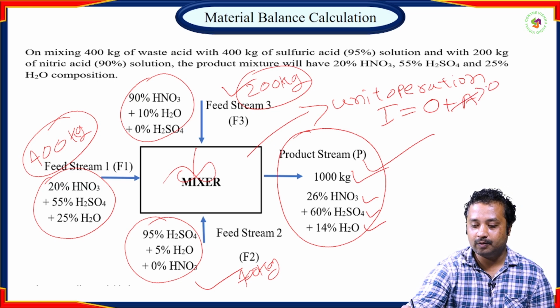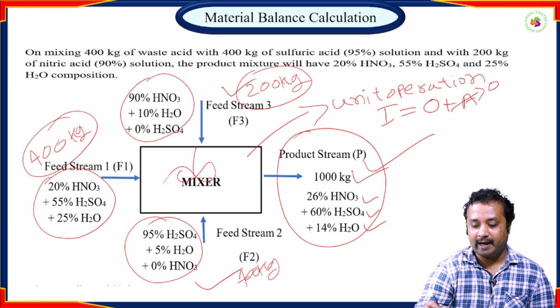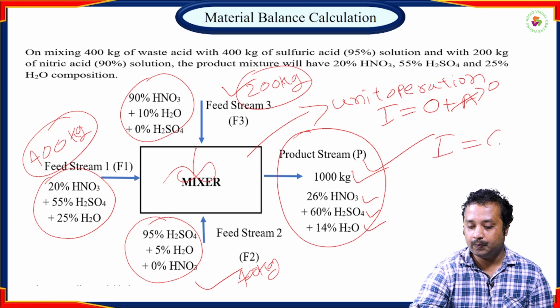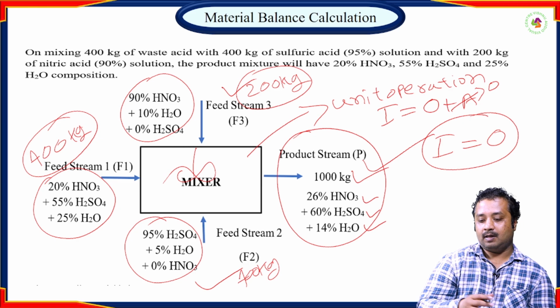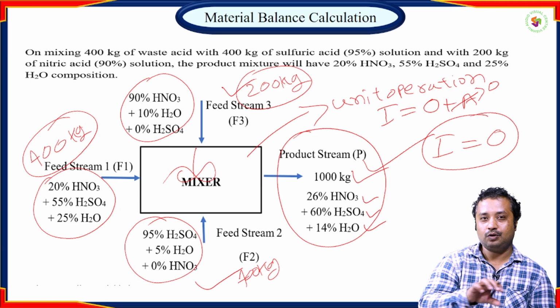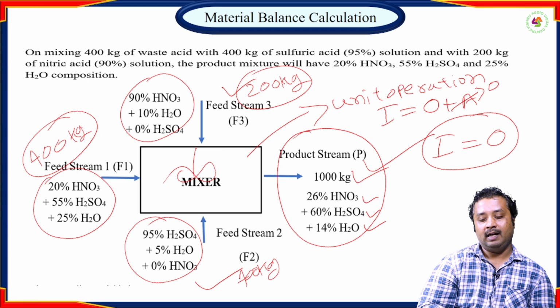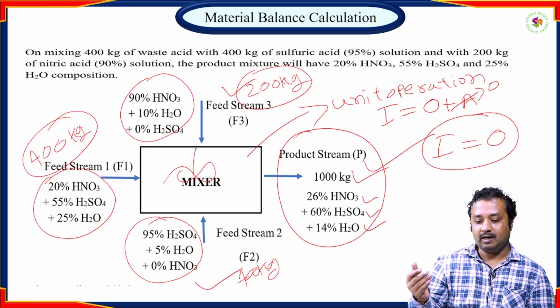Then accumulation we consider 0, and that approach of input equal to output we apply to solve the equations. We take two approaches: one is total input equal to total output, and the other is component balance, where the mass of each component in is equal to the mass of each component out.